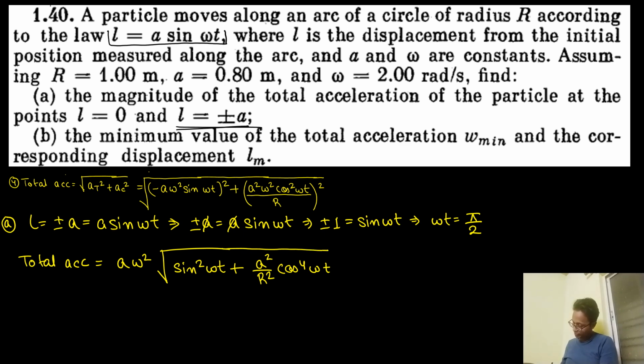And you have to substitute the value of omega t is equal to pi by 2. So if we substitute, total acceleration is equal to a omega square. Let's write it at the bottom.